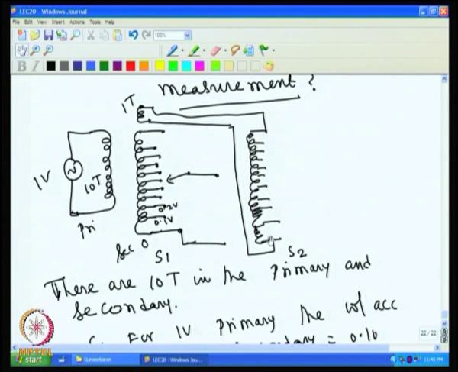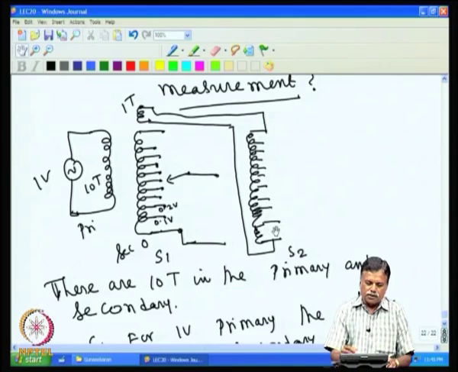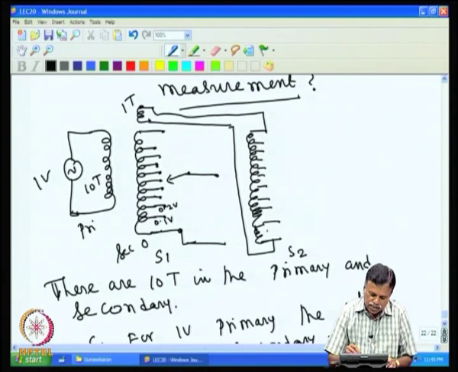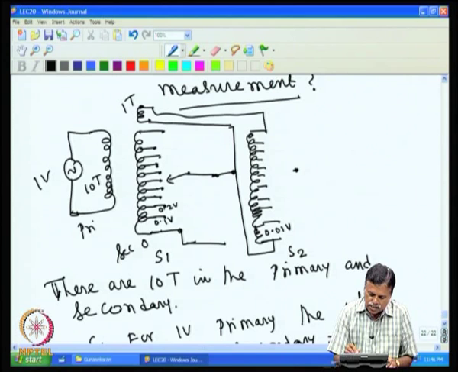That is applied to the second secondary S2, and the total voltage across this is 0.1 volt, and you have 10 turns in this. That means the voltage across each one will be 0.01 volt, because the total voltage is 0.1 volt divided by 10, that gives you 0.01 volt. What is done is that this point is connected to this, the center point is connected to this, and this has its own secondary point, center tap.